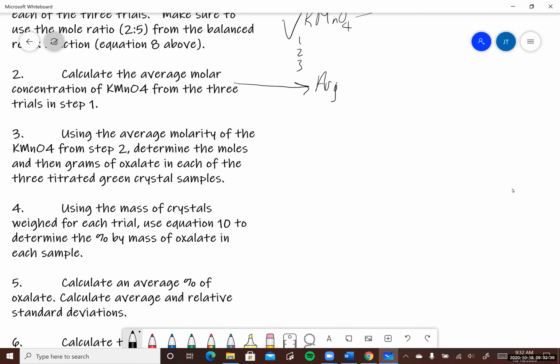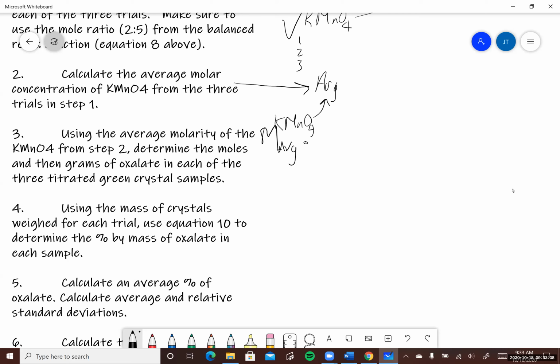standardization, determine the moles and the grams of oxalate in each of the 3 titrated green crystal samples. So in order to do that, I'm going to use the average molarity of the potassium permanganate that I just calculated above.